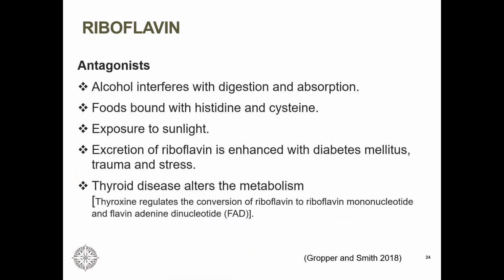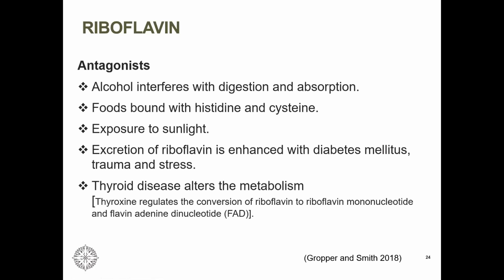Okay, a couple of things to remember here when we are talking about the importance of riboflavin: people who have insulin resistance, people who have diabetes, there is riboflavin deficiency as well.